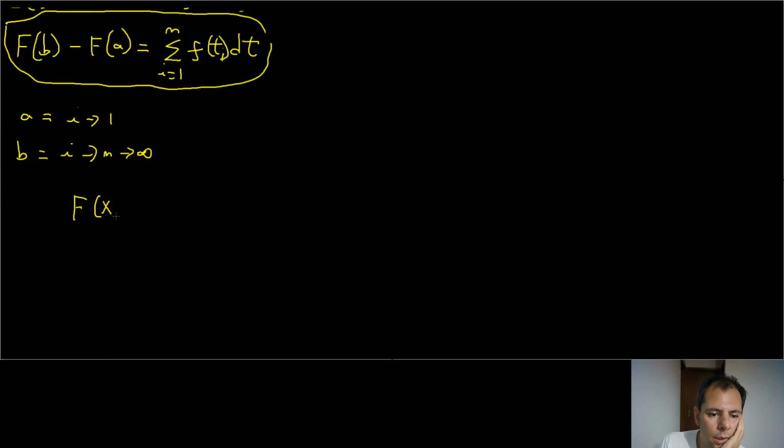I can say that this is f of x sub n, which is b, minus f of a. What is a? It's when x has an index of 1, so x sub 1. All right, so you have that.